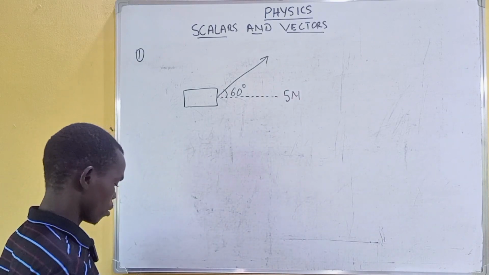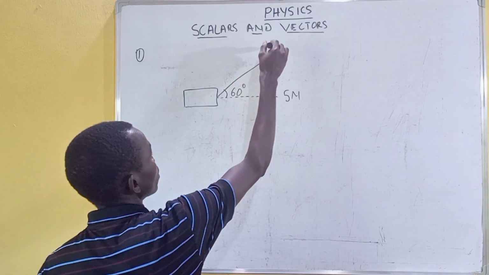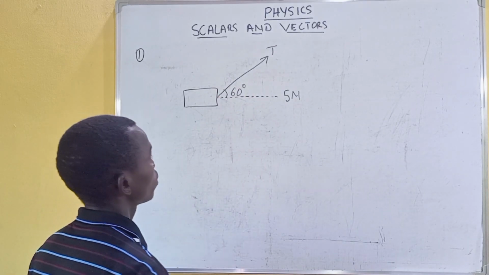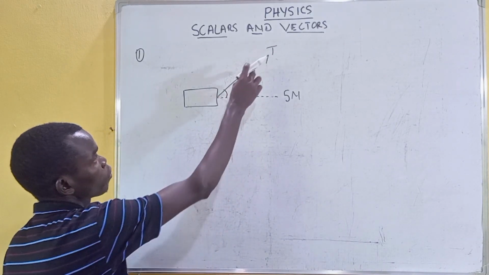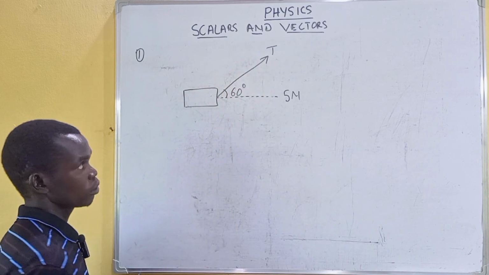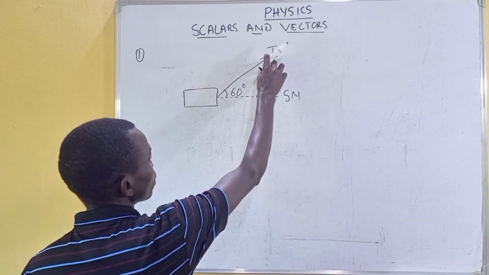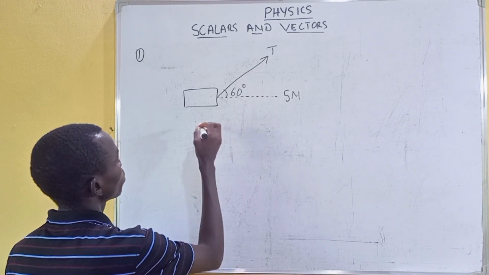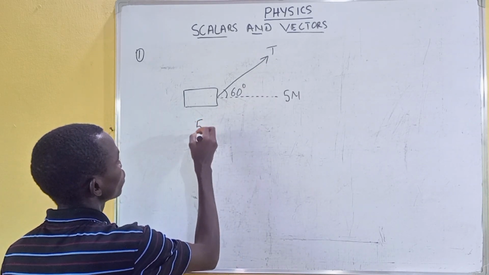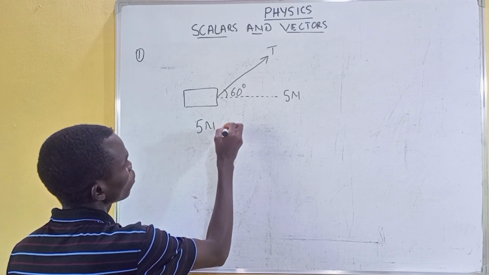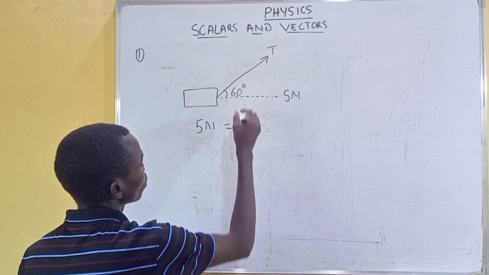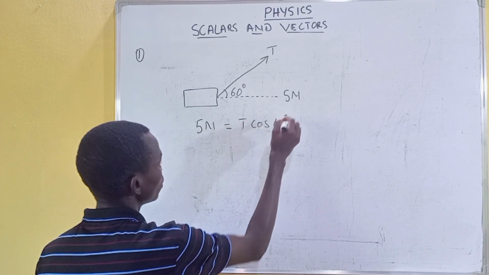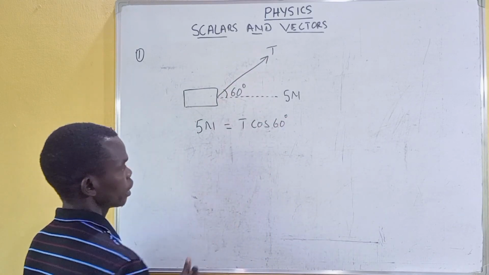We are asked to calculate the tension in the rope. From here, we can find our tension by resolving this to the horizontal component. This will now be 5 Newton equal to T cos 60 degrees, since we are closing the angle.